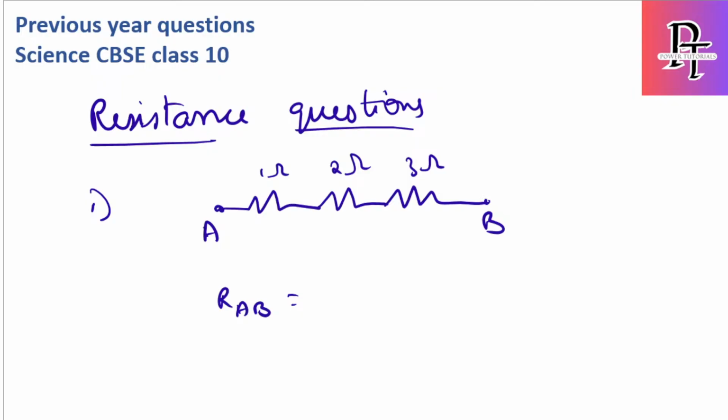I'm waiting for a response. Yes, good. It is 6 ohms. Why? Because it is in series connection. So it is R1 plus R2 plus R3, which is 1 plus 2 plus 3, which is 6 ohms.